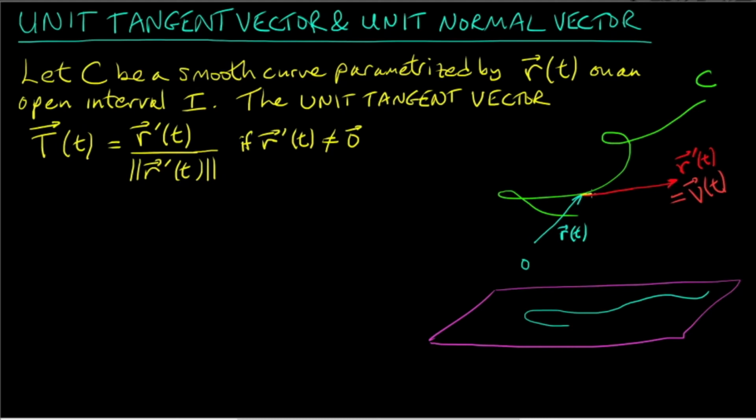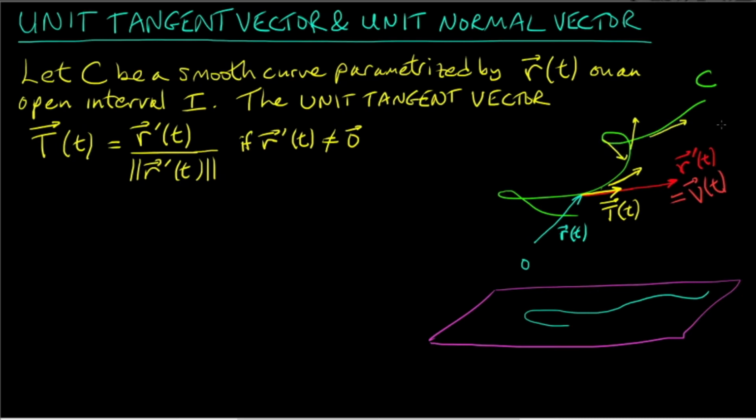So however fast it's going, the unit tangent vector will point in the same direction, but it's going to maintain the same magnitude.